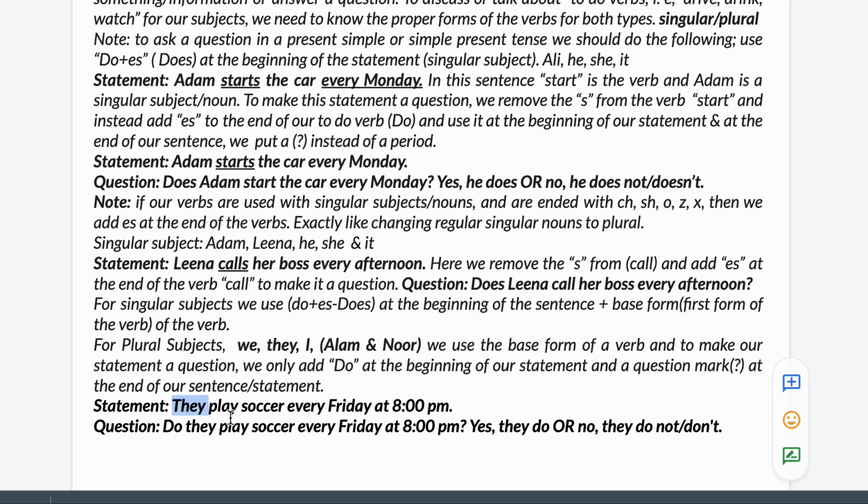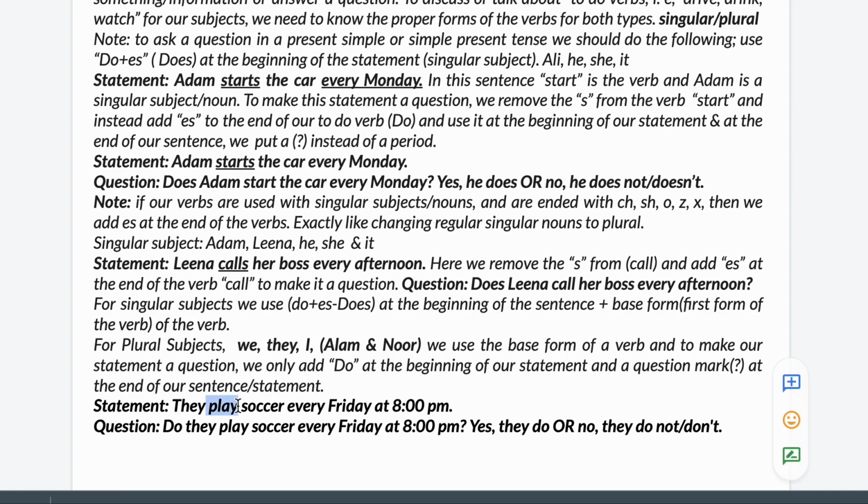Now to make it a question, we see the rule. We have the subject at the beginning of our sentence, and we have a period at the very end. The verb itself is used in its regular form or base form. We don't have soccers or something. We just say soccer. Sorry, the verb is here, so soccer is a noun.